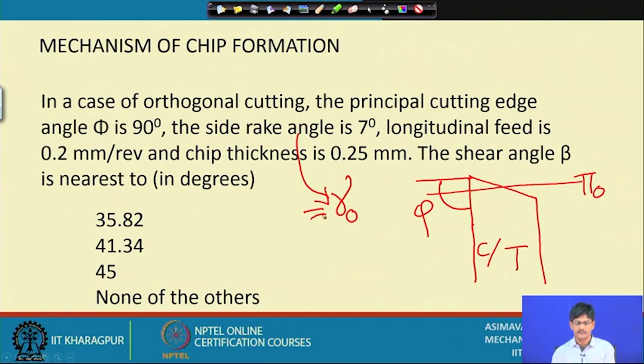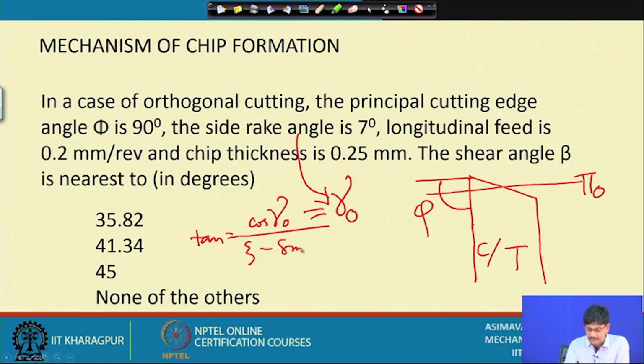Now, can we find out the value of zeta? As we wrote down, tan beta is equal to cos gamma O, which is taken care of, divided by zeta minus sin gamma O. Cos 7 degrees, sin 7 degrees.